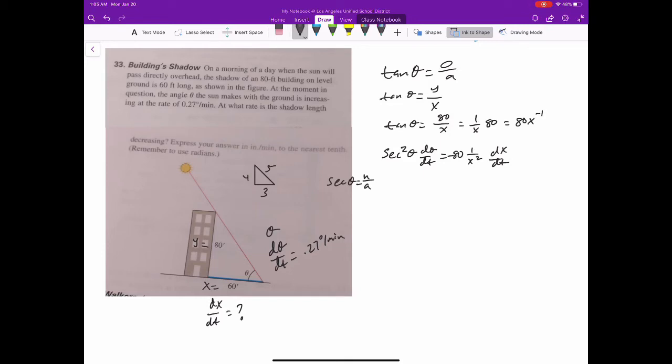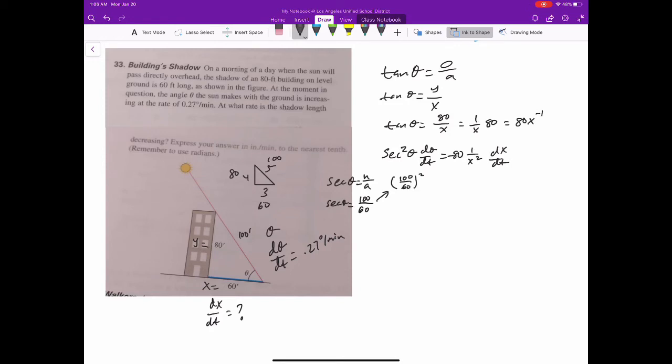If we multiply each of those by 20, we end up with 60, 80, 100. So that's 100 feet here. Secant of theta is equal to 100 over 60 feet. So we're going to replace that. So back here, secant squared theta is 100 over 60 squared.